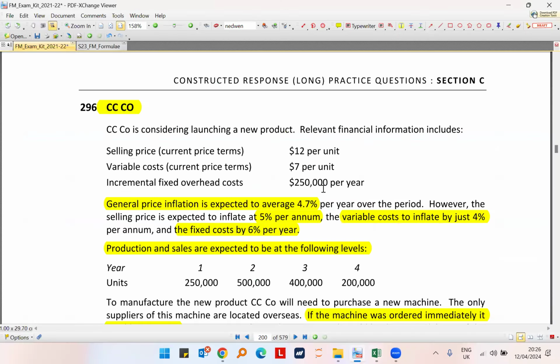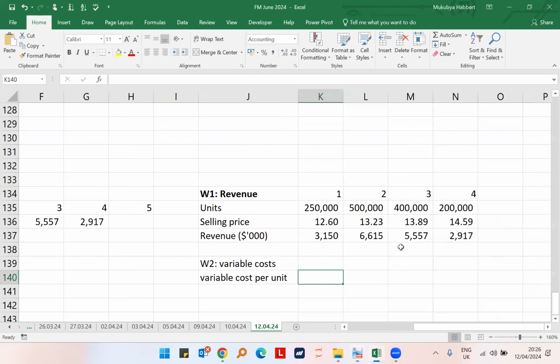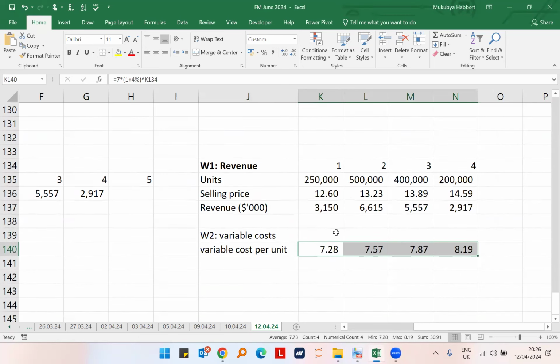They gave us 7 per unit, but inflating at 4%. Therefore, 7 multiplied by 1 plus 4% power 1. So when you drag, those are the variable costs per unit in inflated amounts.